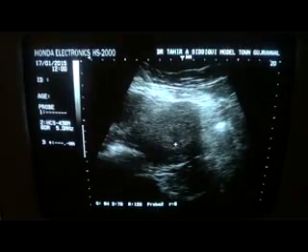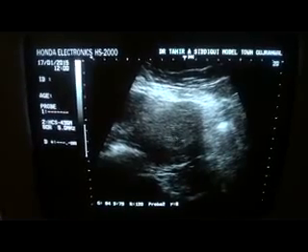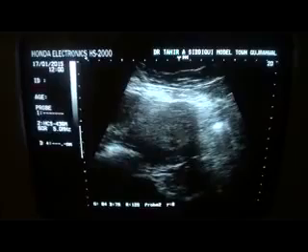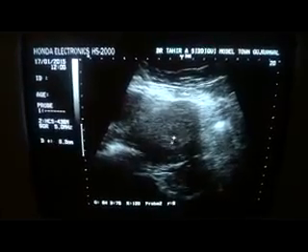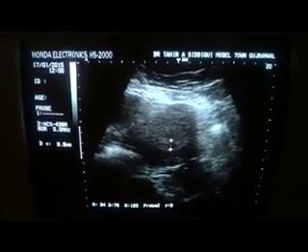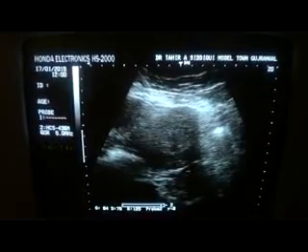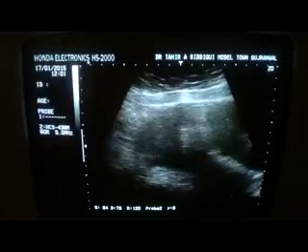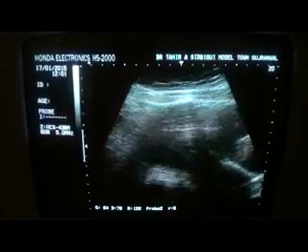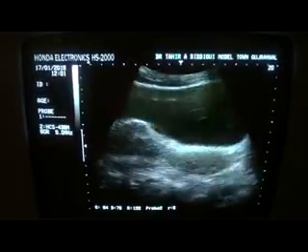This cystic area is consistent with a gestational sac, a deformed gestational sac, in a patient with history of bleeding and pain for the last 4 days. This is consistent with incomplete abortion at this present day of ultrasound.